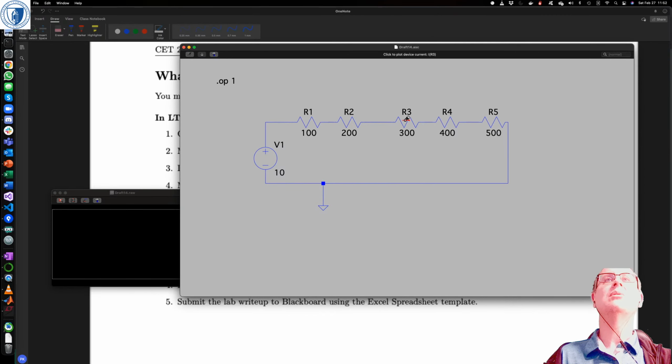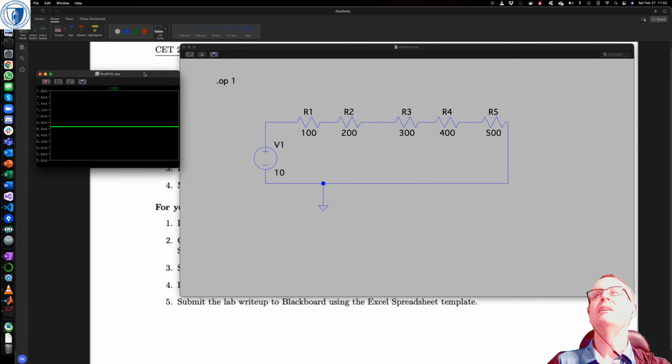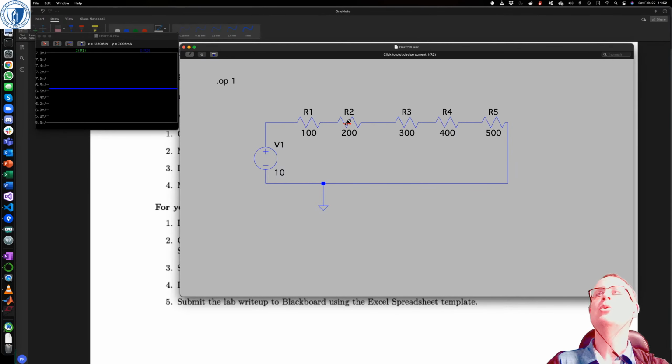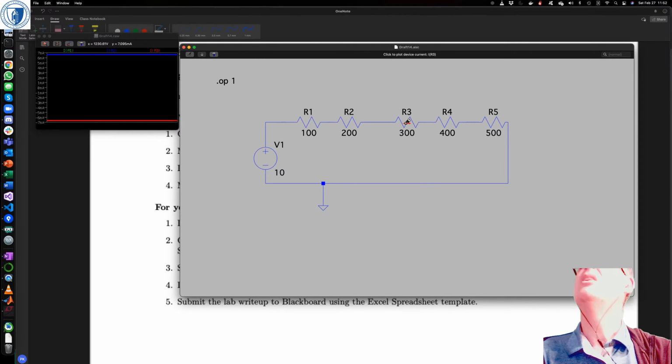Okay, so they're all going in the same direction, and I can measure them all. It's about 6.7 milliamps, but they should all be the same, right?